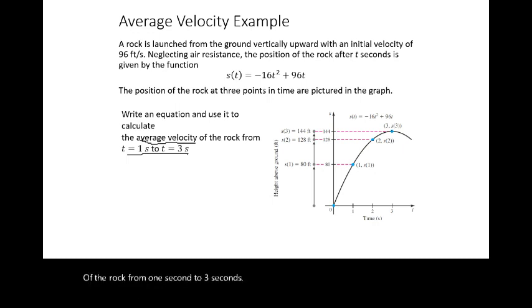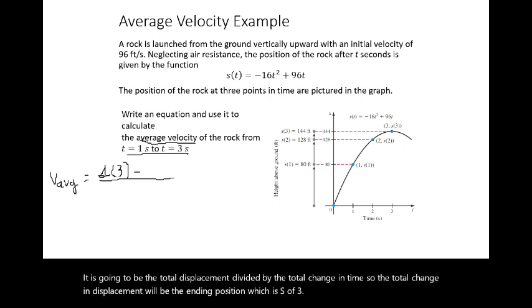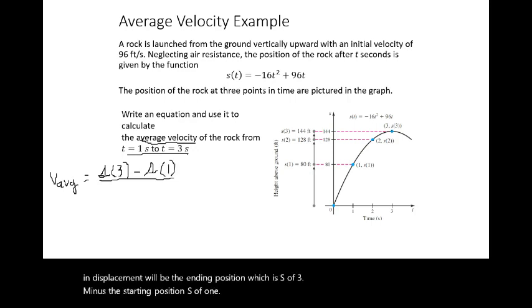Just like we did with the other average velocity example, it is going to be the total displacement divided by the total change in time. The total change in displacement will be the ending position, s of 3, minus the starting position, s of 1, then divided by the length of the time interval, which is the ending time 3 minus the starting time 1.